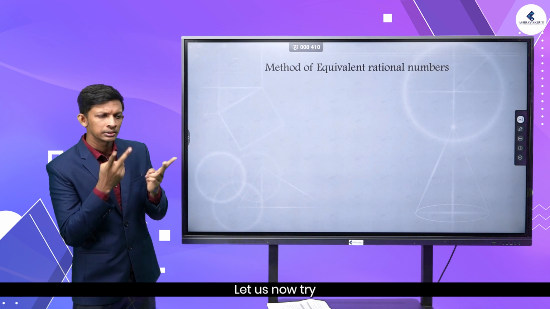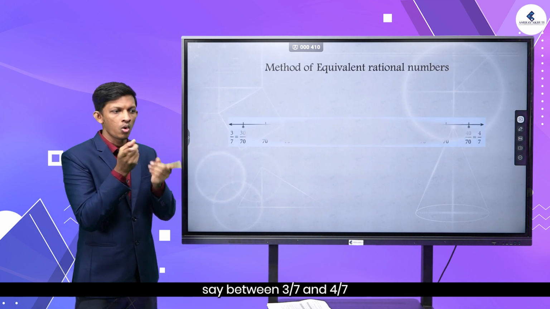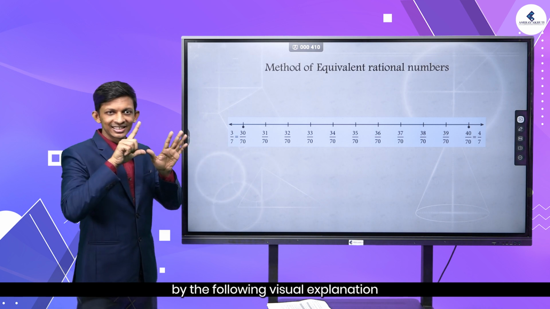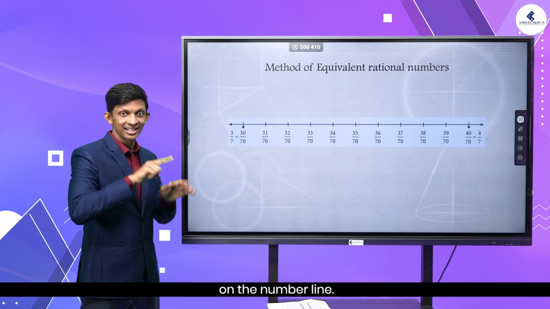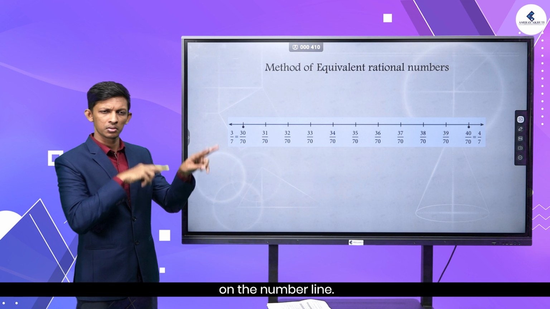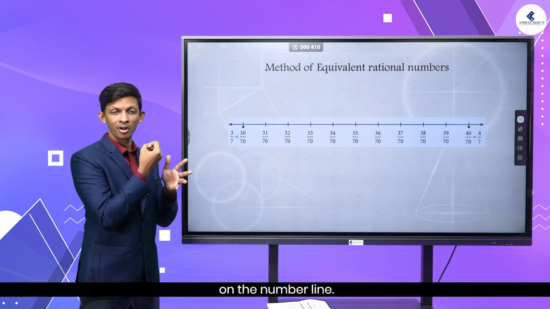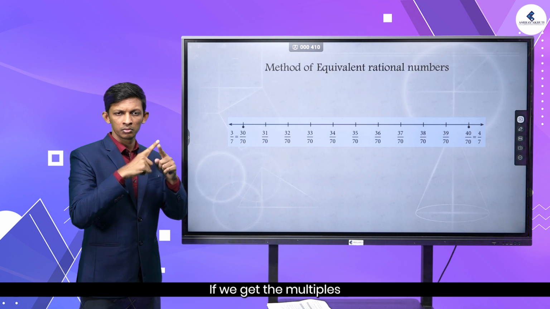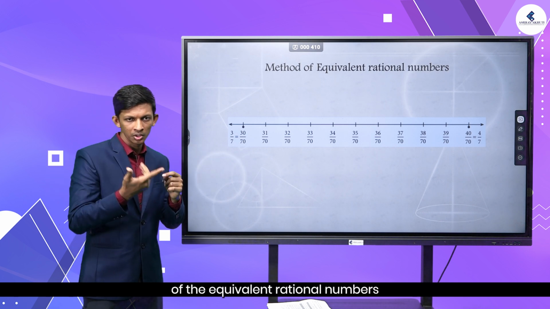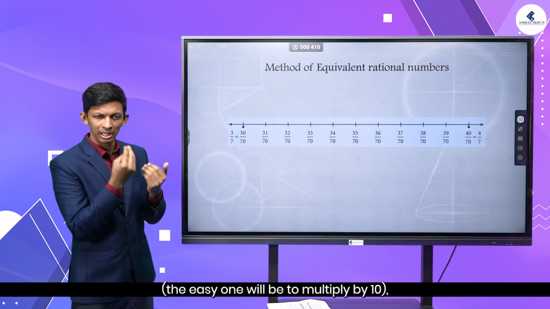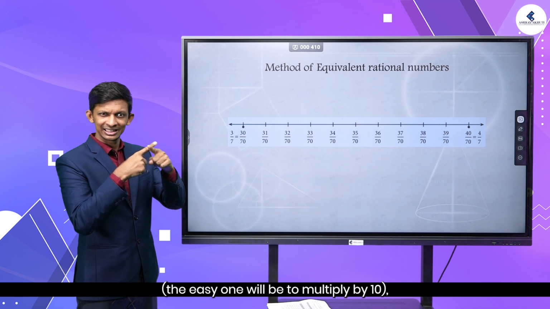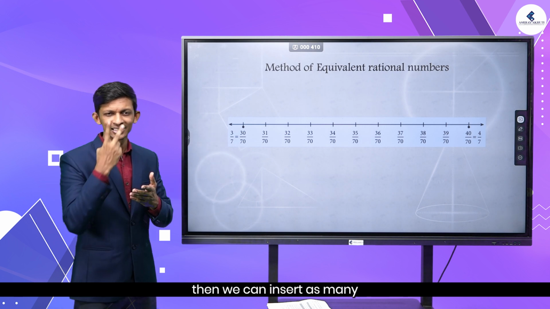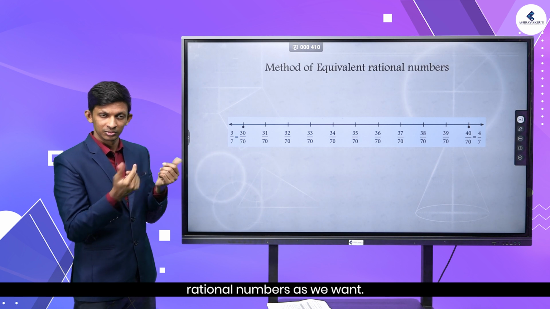Let us now try to find more rational numbers, say between 3 by 7 and 4 by 7, by the following visual explanation on the number line. If we get the multiples of the denominator of the equivalent rational numbers, the easy one will be to multiply by 10. Then we can insert as many rational numbers as we want.